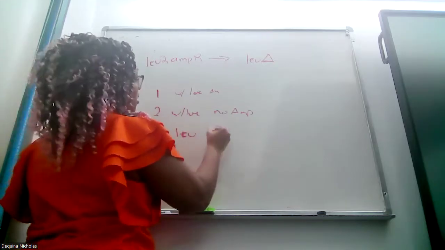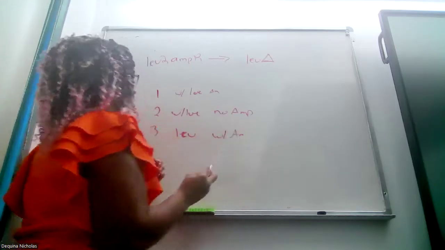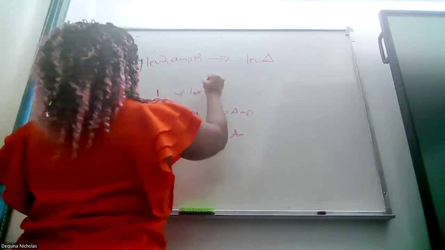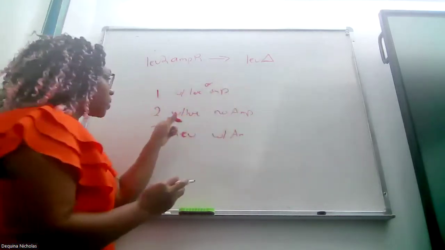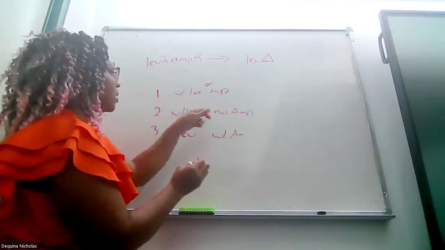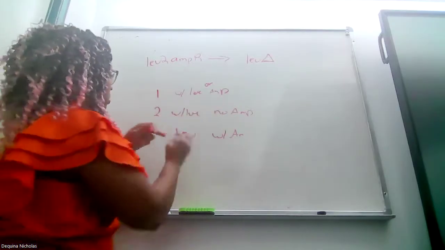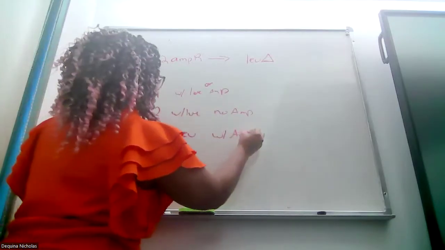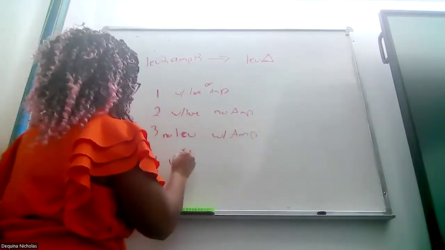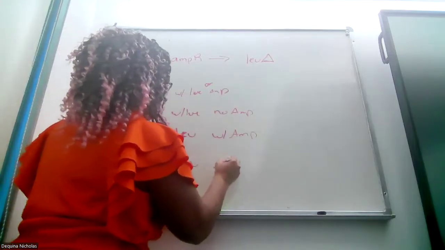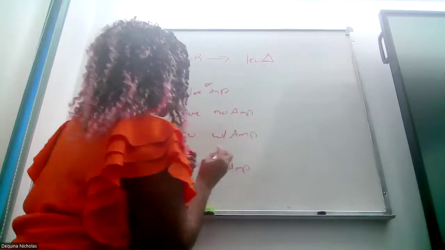Number one was without leucine or ampicillin, right? Number two, with leucine and no ampicillin. Three, no leucine with ampicillin. And what is the correct answer marked?